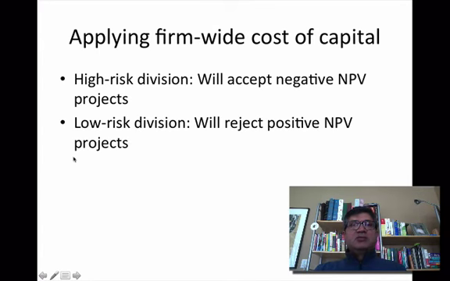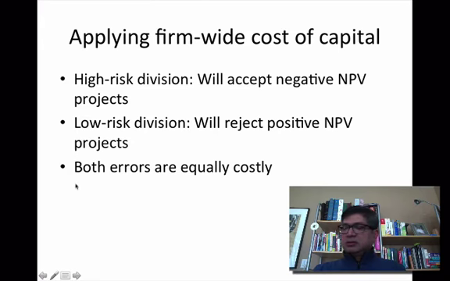When you apply the firm-wide cost of capital for discounting the cash flows for projects in the low-risk division, you'll be using a discount rate that's too high. So you'll reject some positive NPV projects. And both errors are actually equally costly. You don't want to accept negative NPV projects, but you also don't want to turn down positive NPV projects.